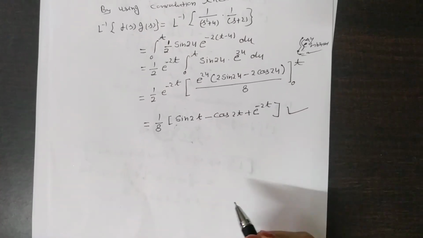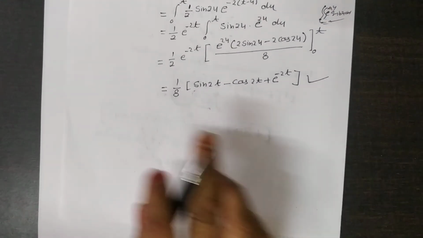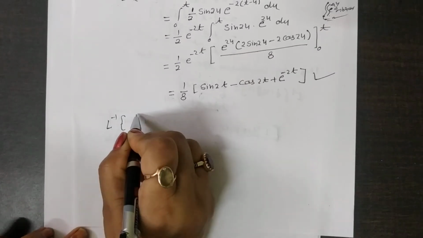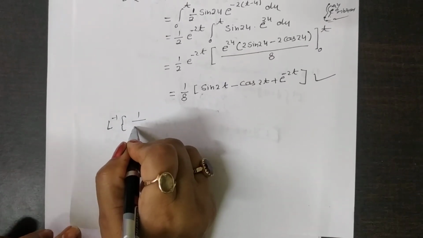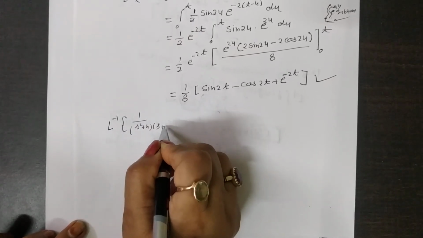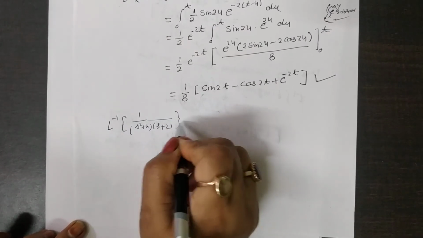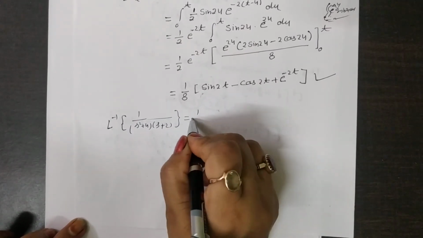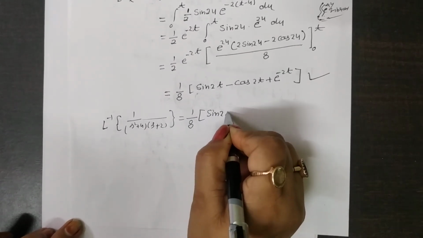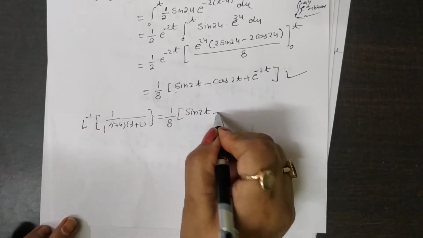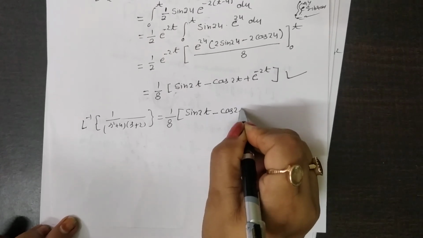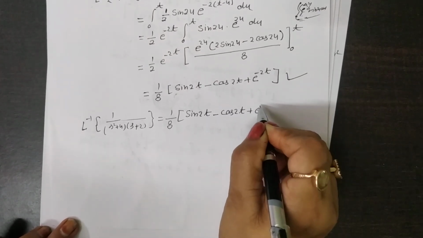Therefore, the Laplace inverse according to your question, 1 by (s square plus 4)(s plus 2), is equal to 1 by 8 (sine 2t minus cos 2t plus e to the power minus 2t).